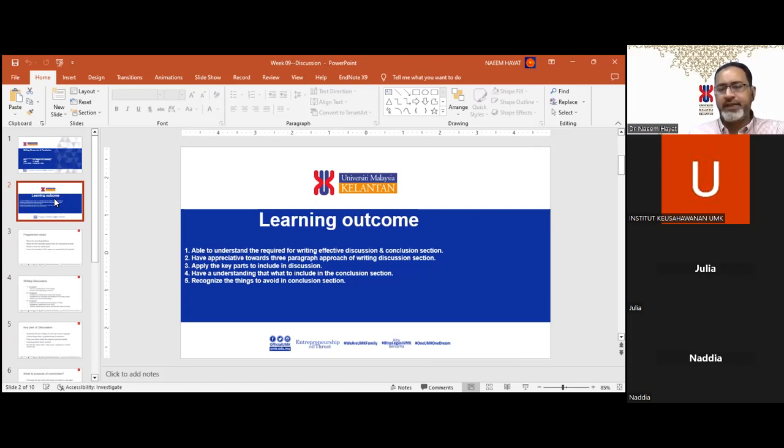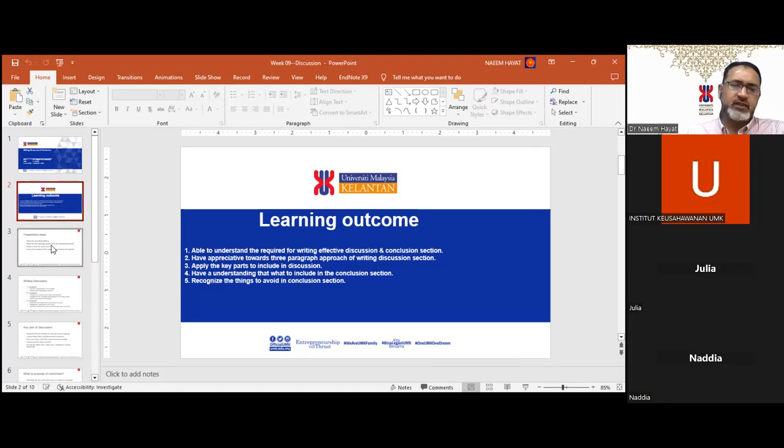Again, it's not mandatory, but if we can divide the discussion section into three paragraphs, it helps us. Then the key parts that we need to cover in the discussion, and then we move toward the conclusion section: what to include in it, and the things that we need to avoid.